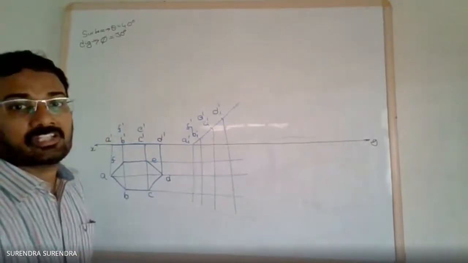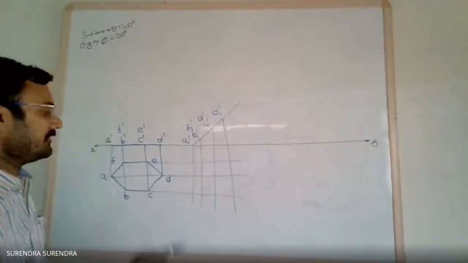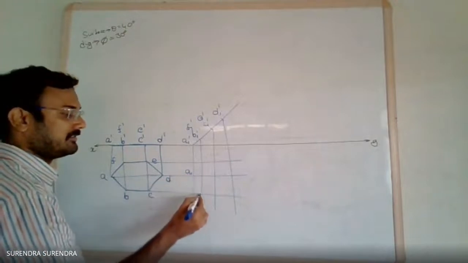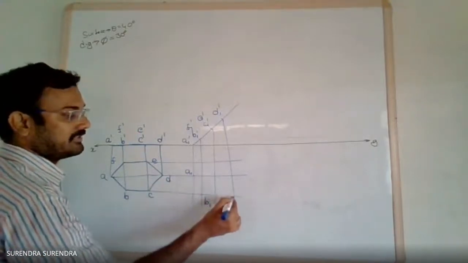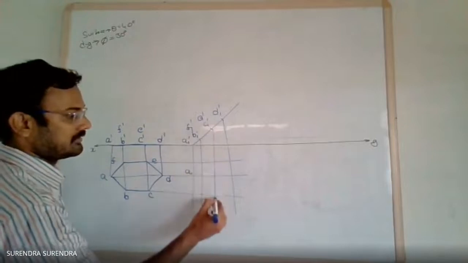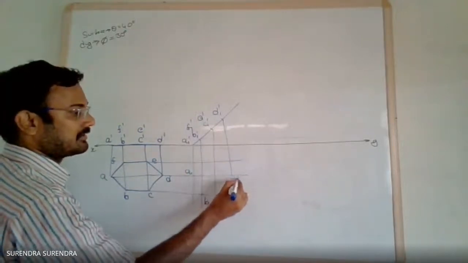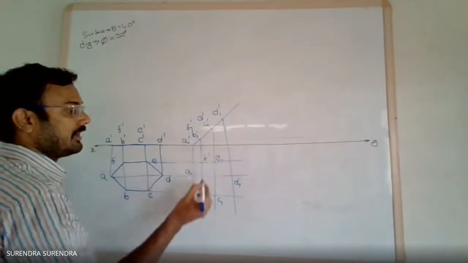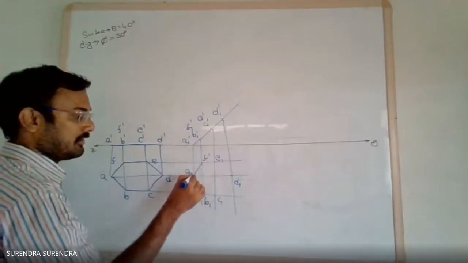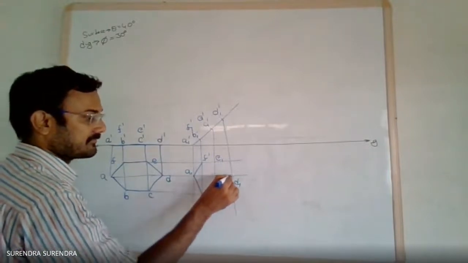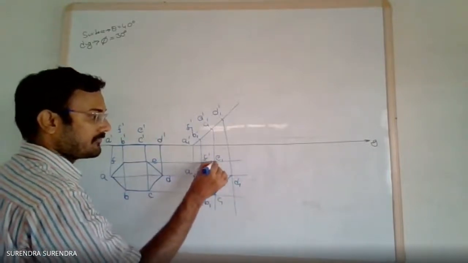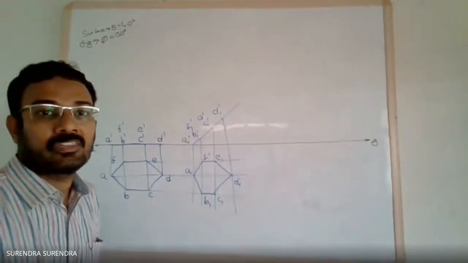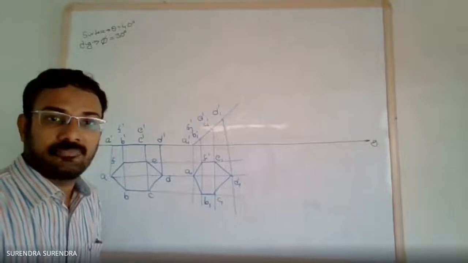Mark the respective intersection points: A1 dash, A1, B1, C1, D1, E1 and F1. Join all these with straight lines. So we'll get the hexagon in the top view.